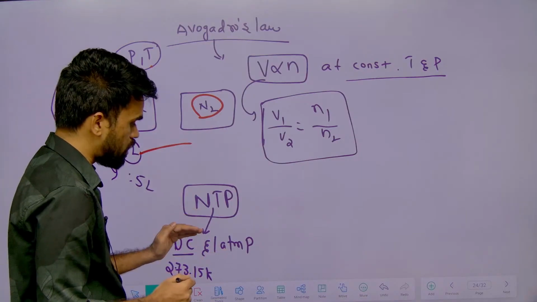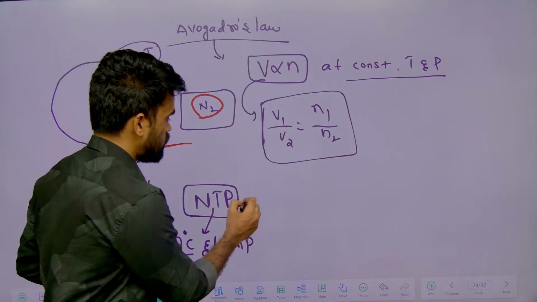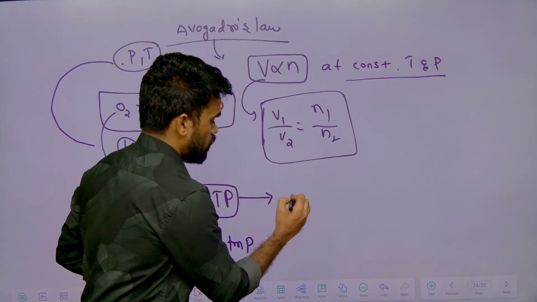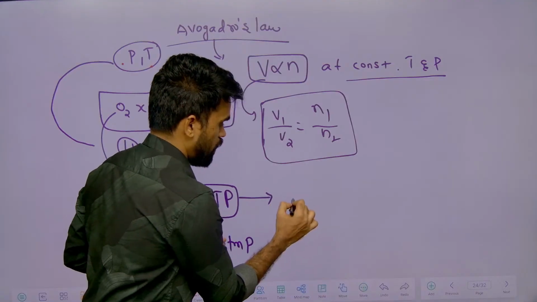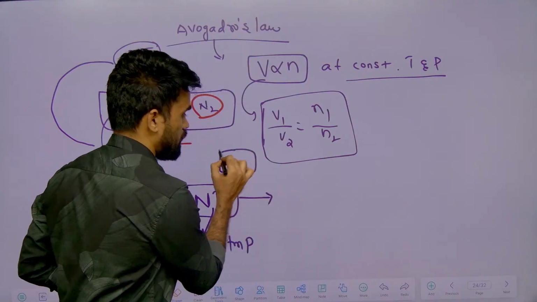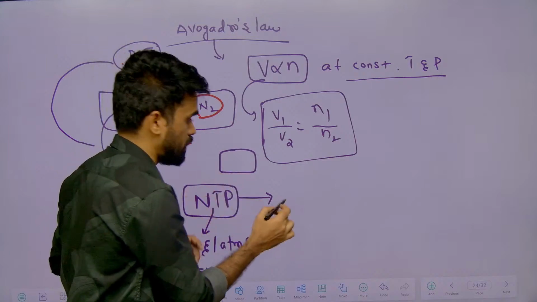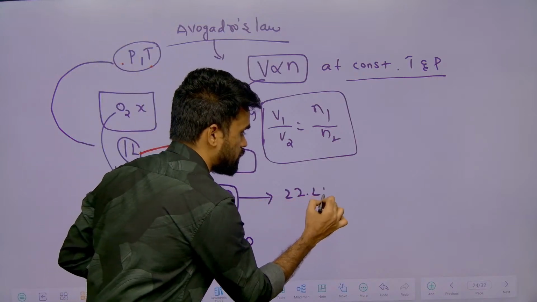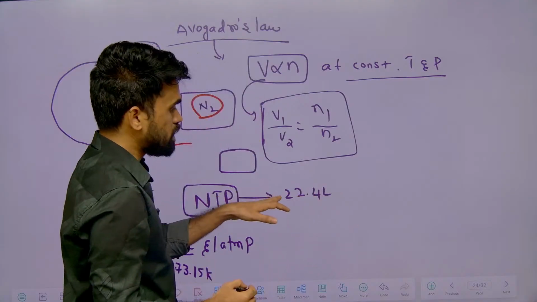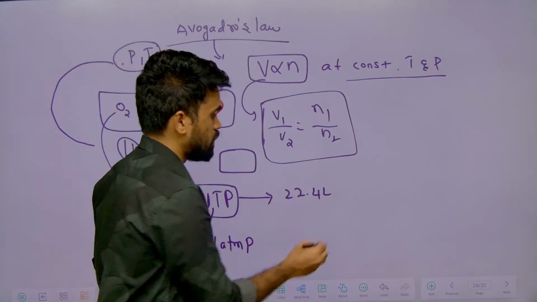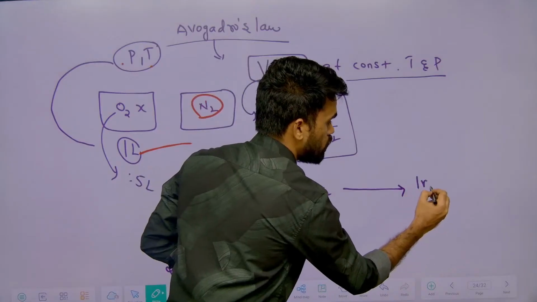So at this constant temperature and pressure, they have observed a gas container having 22.4 liters. How much? 22.4 liters. This much volume of a gas is equivalent to 1 mole.